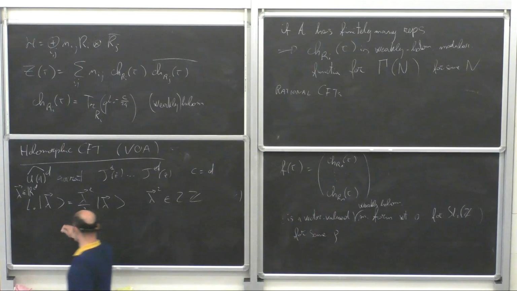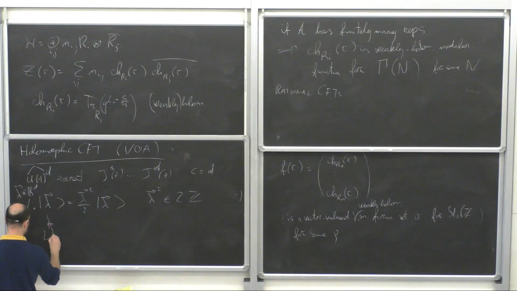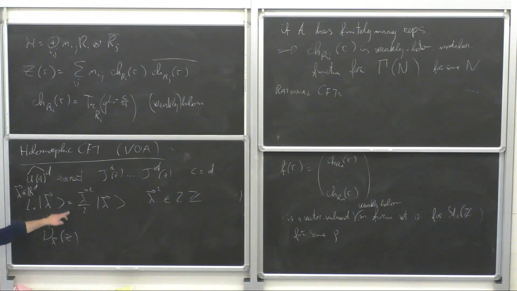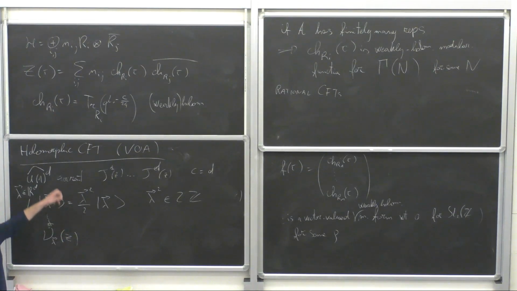Now, each of these states will correspond to some holomorphic field. Let me denote it with the curly V of lambda, z, with this conformal weight in our theory. So this theory has U(1)^D as a global symmetry, generated by the zero modes, and this lambda is essentially the vector of charges.